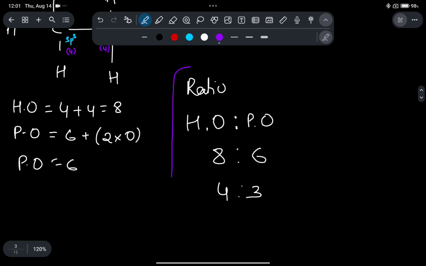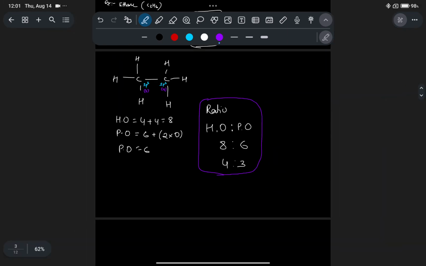This is the ratio. This is the ratio for the ethane C2H6 molecule, hybrid orbitals to pure orbitals. Then 4 is to 3, we got it.